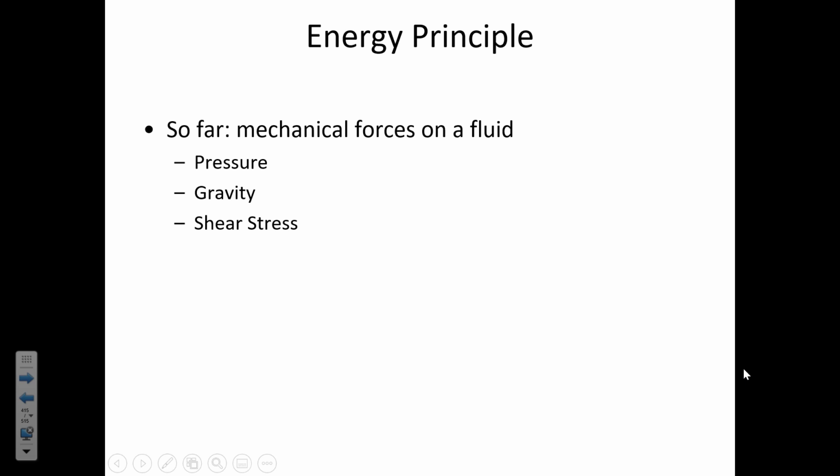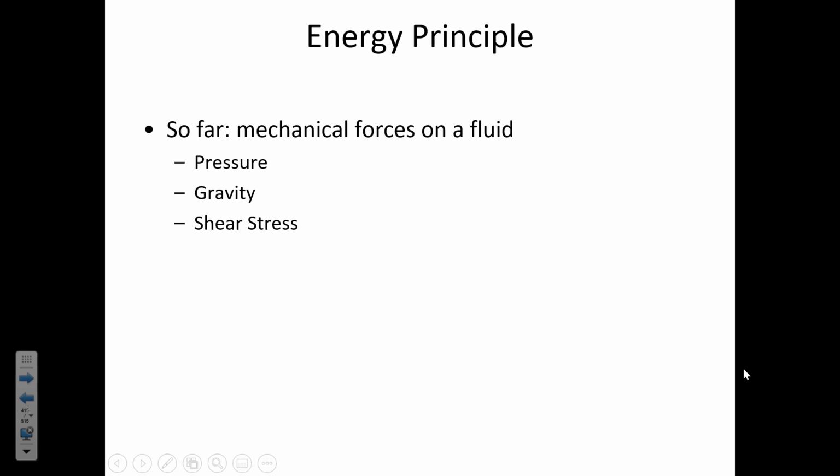Those were all applications that take into account some acceleration and describe the pressure at a depth or the pressure at a certain location. And of course, it's not just pressure. There are other terms in each of those equations as well, like velocity terms and elevation terms.